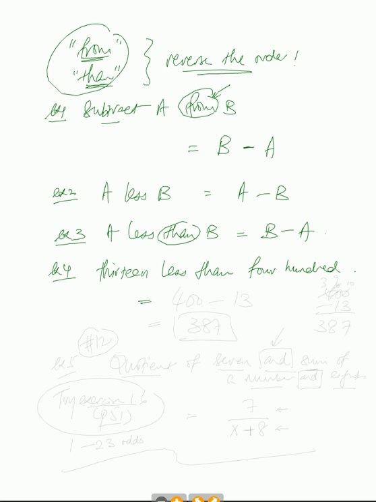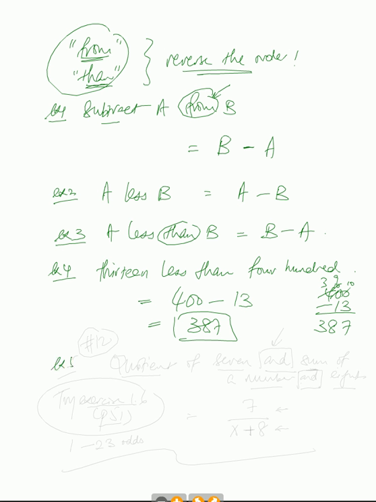So what am I saying? 400 goes to the front, minus 13. So this is going to be 300, let's borrow this, and that's 10, so it's going to be 7, 8, and 3. So there you have it. The answer is 387. So watch out for that word, then and from.